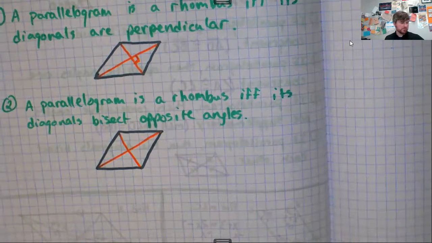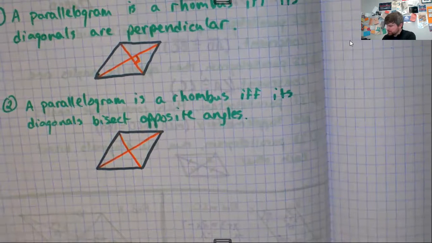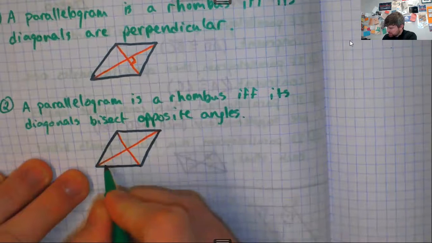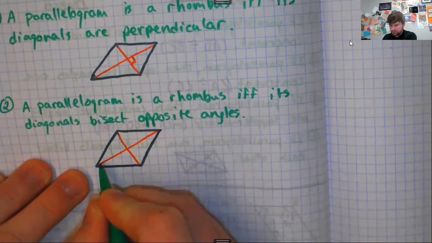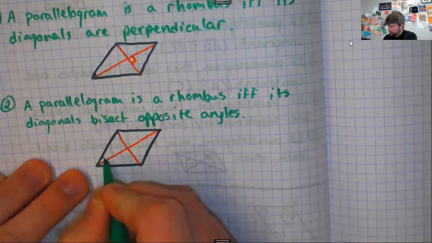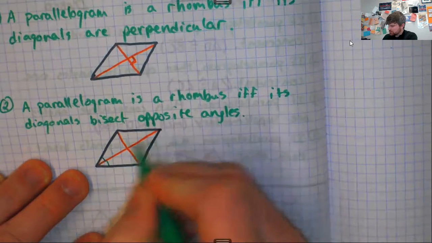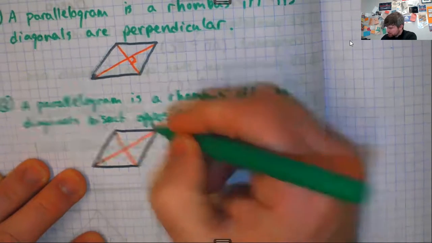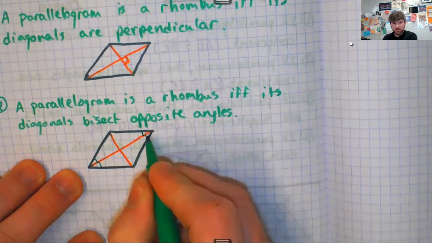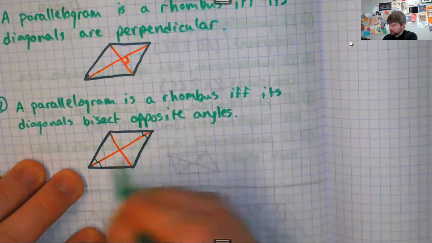And then this second property says that these diagonals will bisect opposite angles, which means that this angle down here gets bisected. So this angle is the same as this one. And since these opposite angles are the same, these angles up here are also the same as the angles down here. So now you have 4 congruent angles.